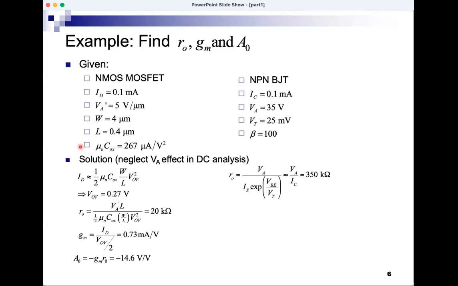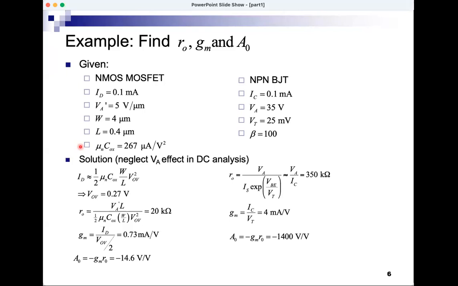GM is IC over VT, 0.1 over 25, so 4 milliamp per volt. What is the intrinsic gain in this case? Minus GM RO is minus 1,400 volt per volt.